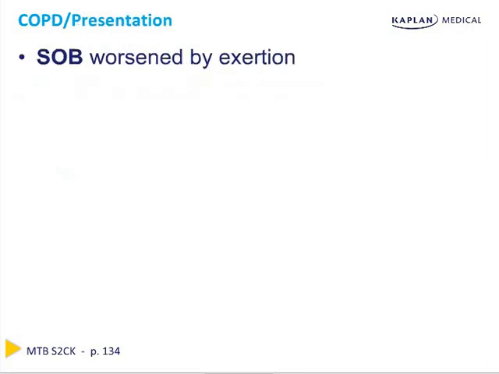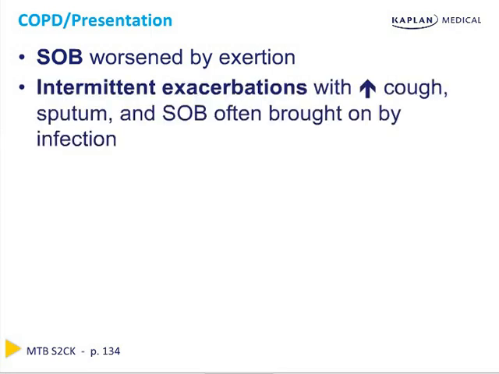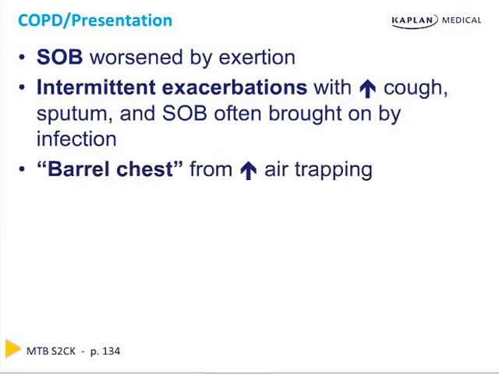COPD typically presents as shortness of breath worsened by exertion. It is generally a disease characterized by intermittent exacerbations with increased cough, sputum, and dyspnea, all of which are often brought on by infection. These patients on physical exam will be noted to have a barrel chest or a wide expanded chest wall.